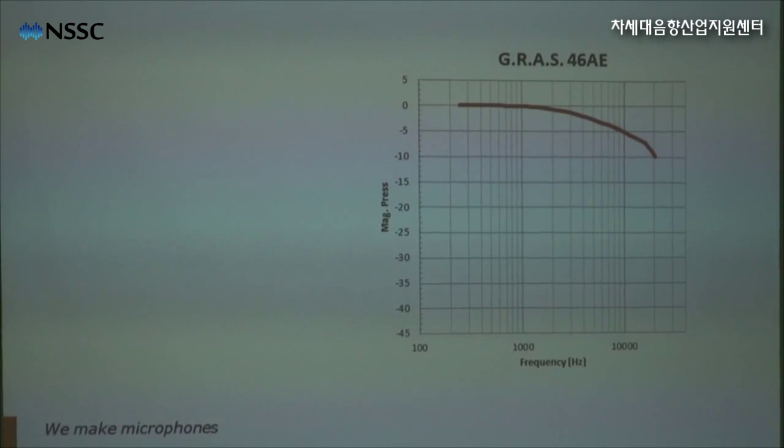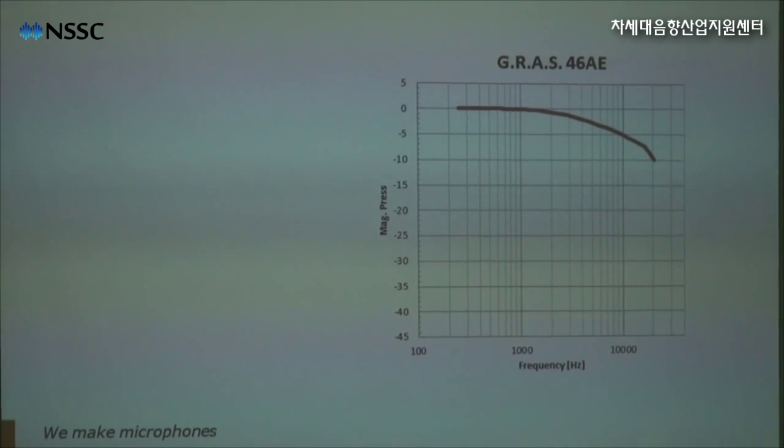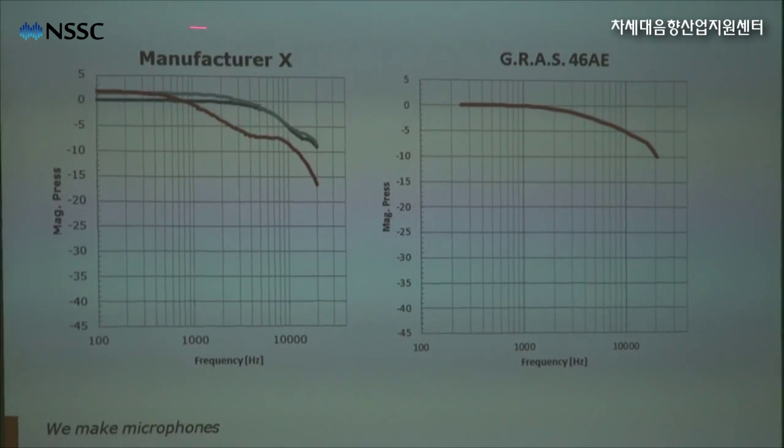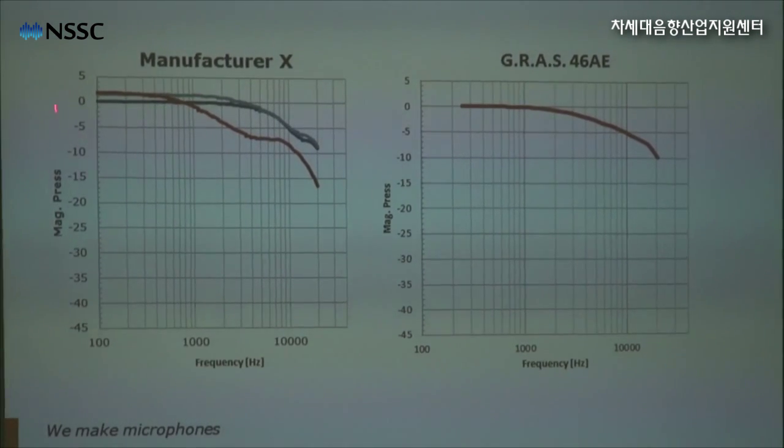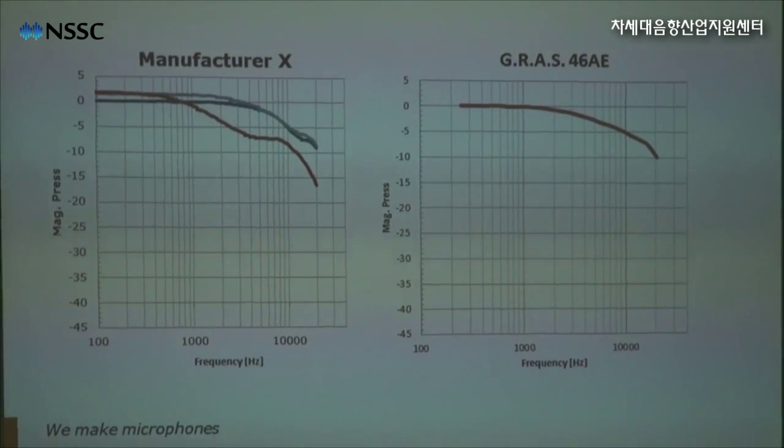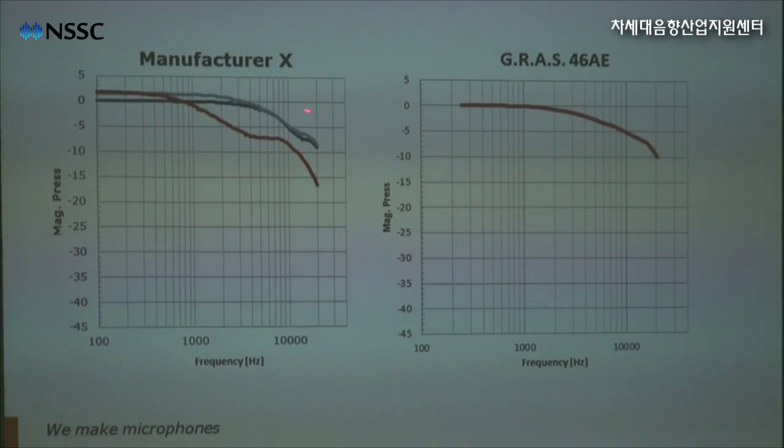If we compare the G.R.A.S microphone drop test with other microphones, again we see manufacturer X. This is the result of the drop test. Here you see the frequency response, and the blue curve is after 10 centimeters, the light blue is after 20 centimeters, and the red curve is after half a meter.